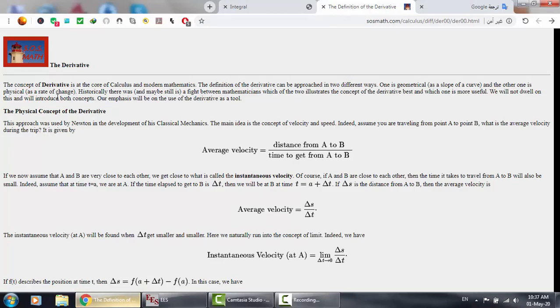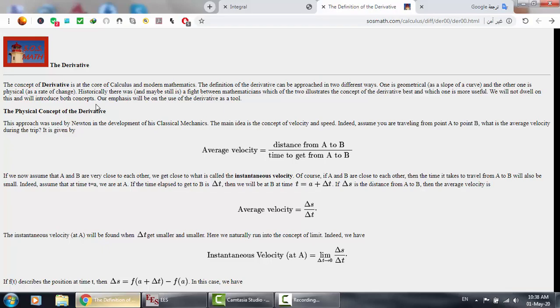The concept of the derivative is at the core of calculus and modern mathematics. The definition of the derivative can be approached in two different ways. One is geometrical, as the slope of a curve. So when I tell you the slope of a curve, this means the derivative, or the rate of change.